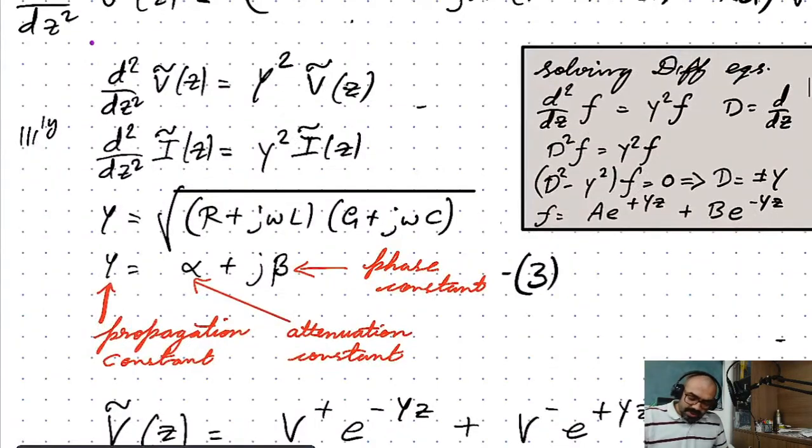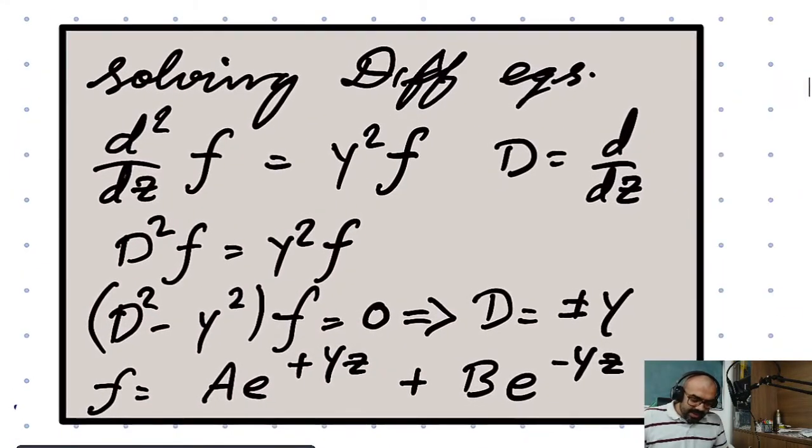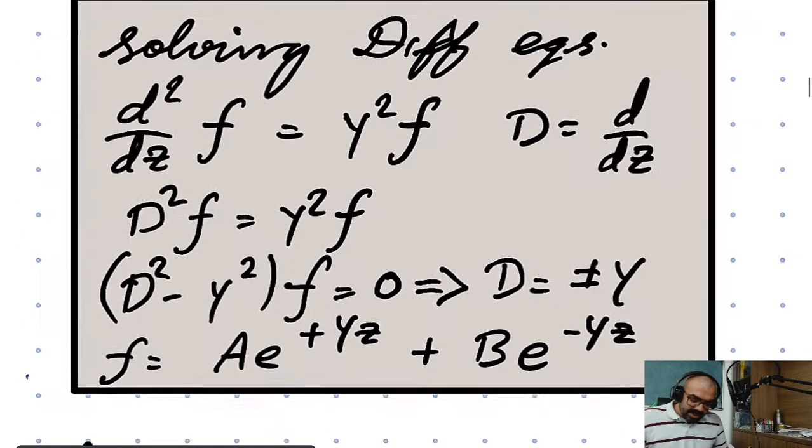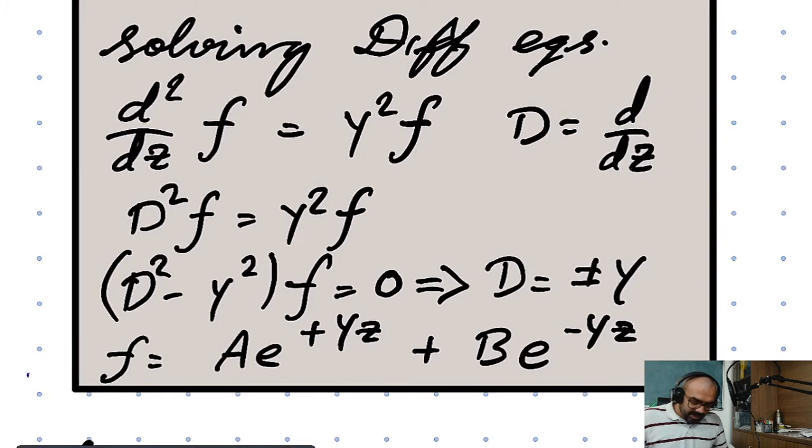Now, in order to solve this equation very quickly, you can use the D notation, right? And so you just basically realize that the solution of this differential equation is nothing but A e to the power plus gamma z plus B e to the power minus gamma z, where A and B are obviously free parameters.